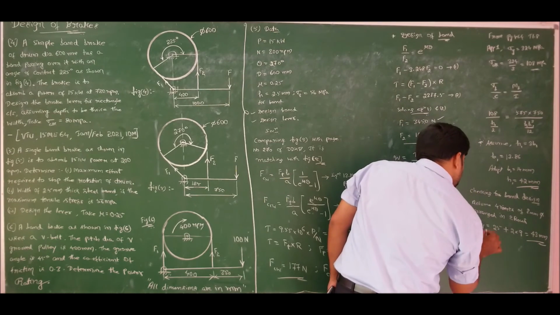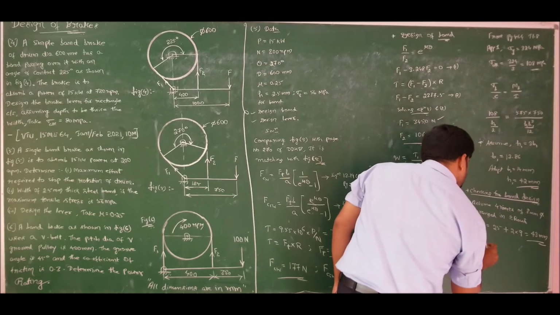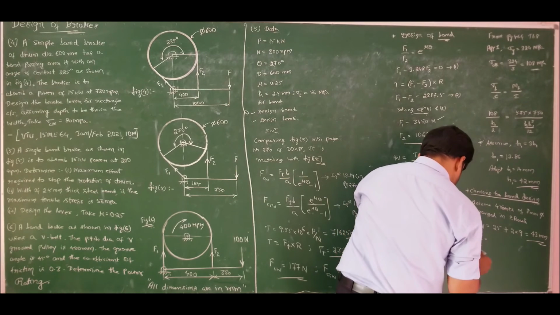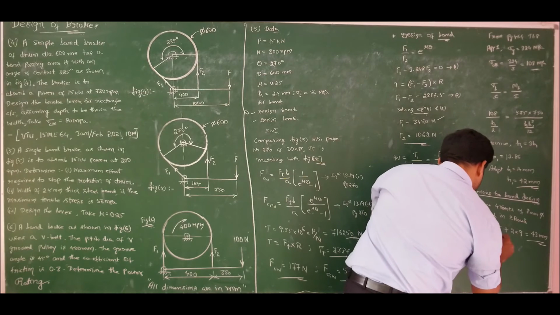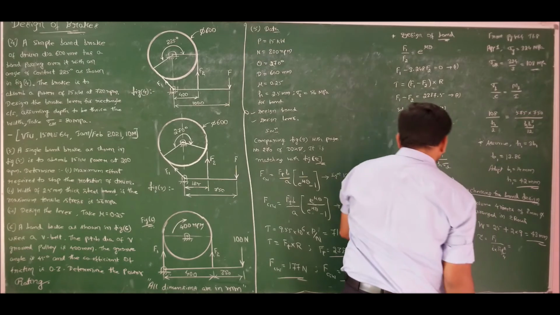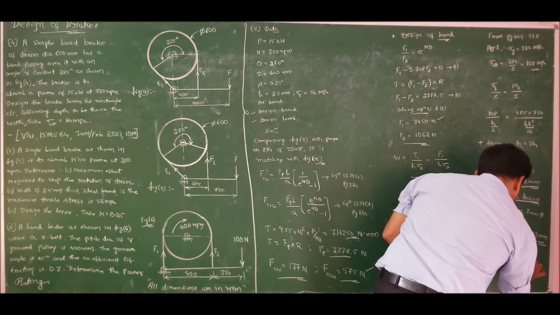Now in order to check our assumption is correct or wrong, we know that maximum shear stress is given by, the formula for rivets is the force F1 divided by number of rivets times the area, that is pi d square by 4. We have F1 is 3450 divided by number of rivets is 4 times pi times diameter of the rivet is 8.